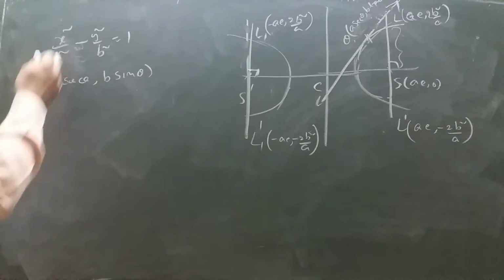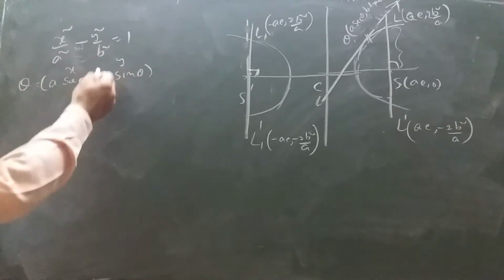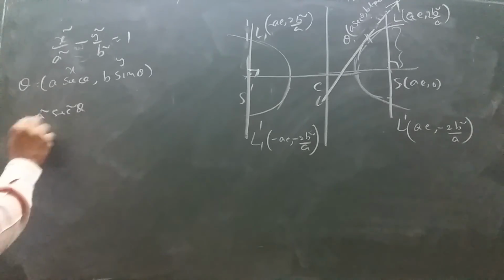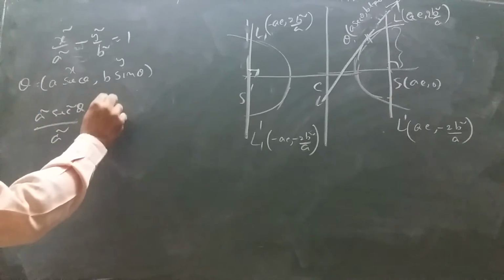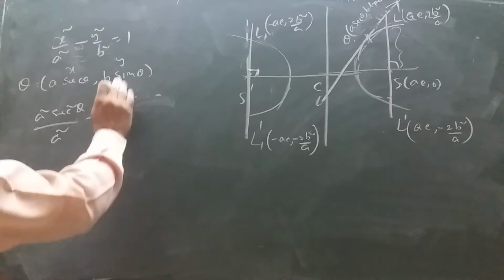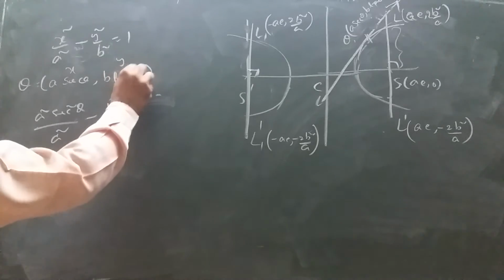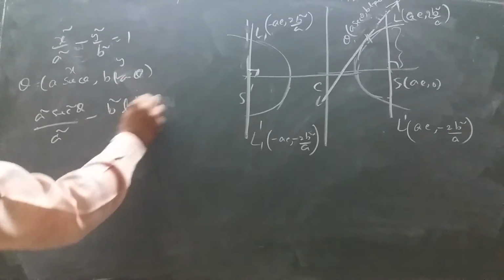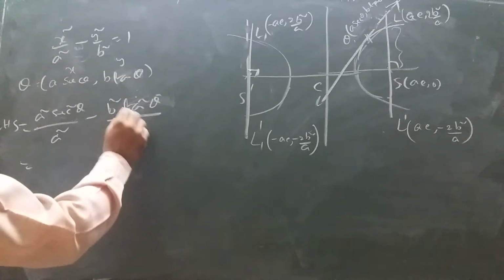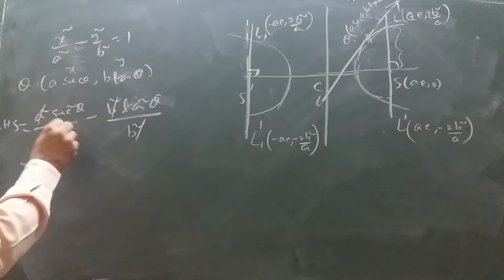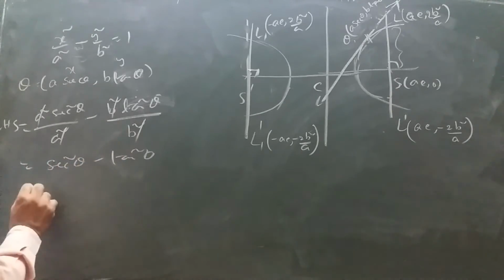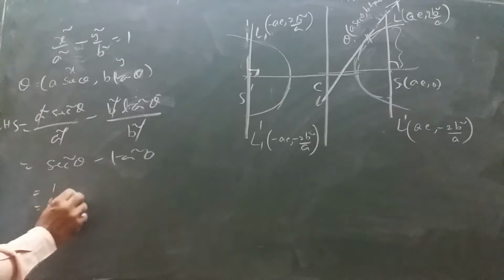That means a square secant square theta by a square minus b square tan square theta by b square. The b square and a square get cancelled. Secant square theta minus tan square theta is nothing but 1, which is equal to RHS.